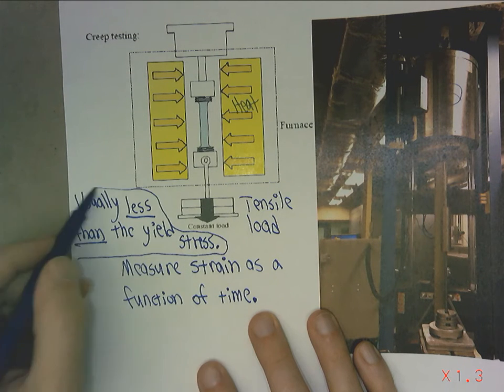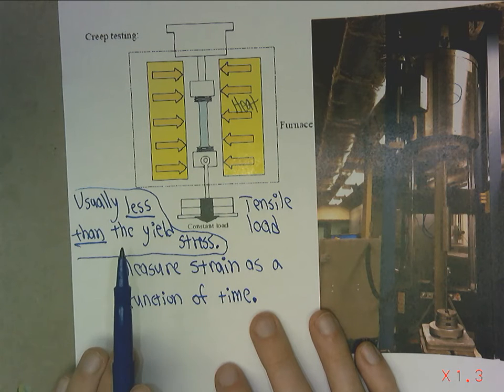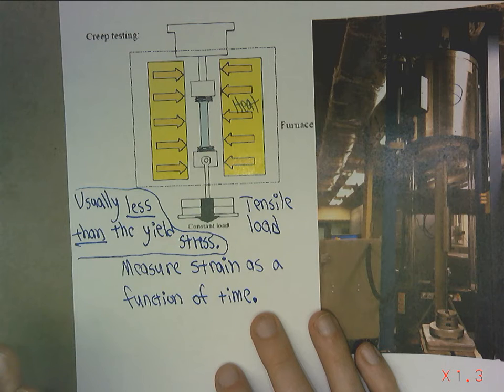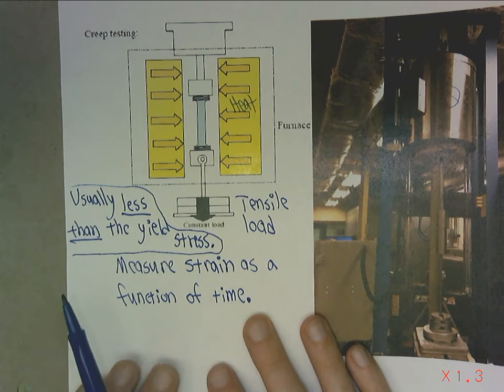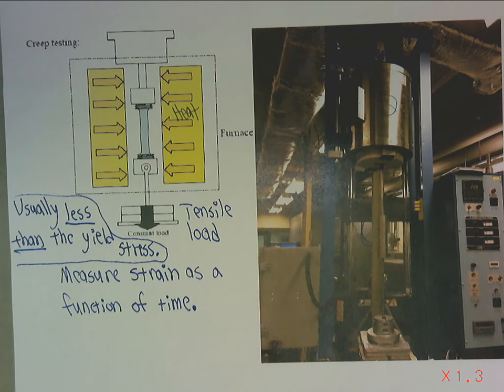So I need to emphasize that. At less than the yield stress, we normally expect a material to not fail, right? It should be in the elastic region, and it should not yield, and it should not reach its ultimate stress. But at a higher temperature, over time, the material can still fail.